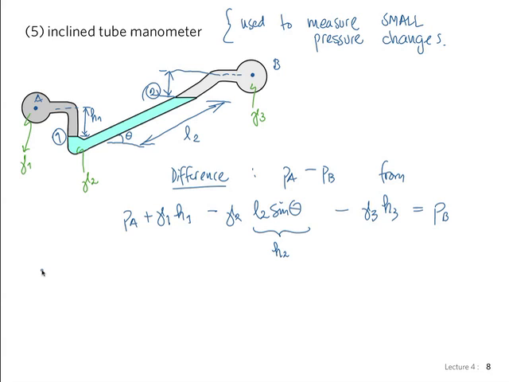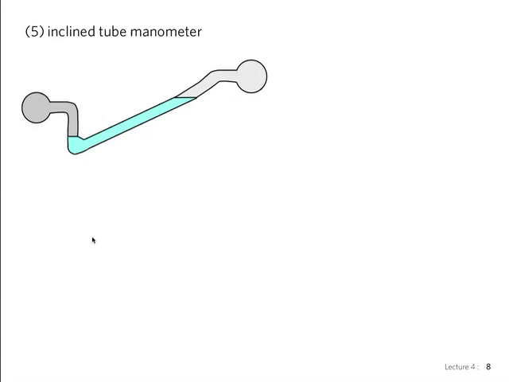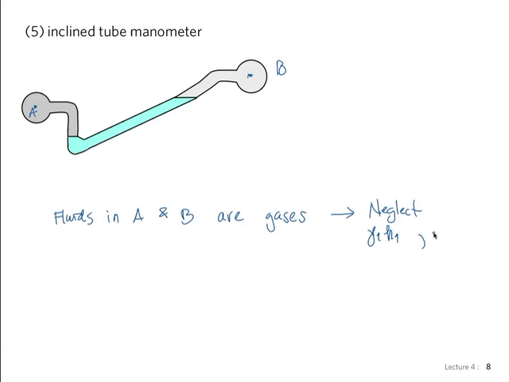And you can see now I can solve again for PA. Now again, if the fluids in A and B are gases, then neglect the gamma 1 H1 term and the gamma 3 H3 term.